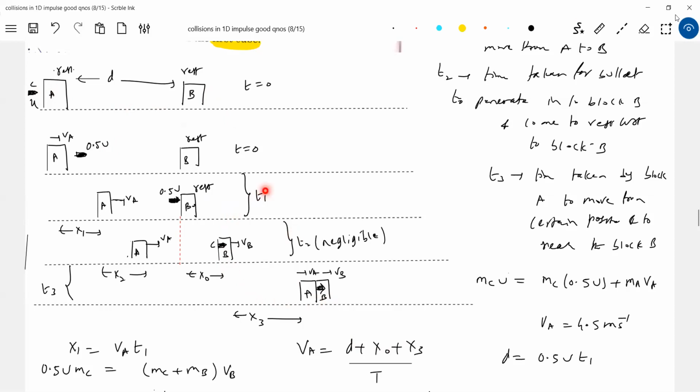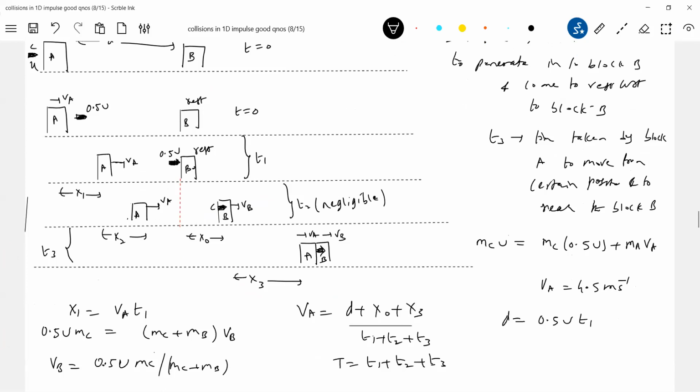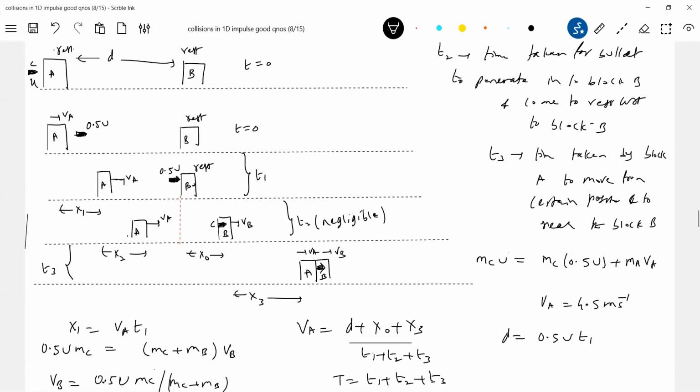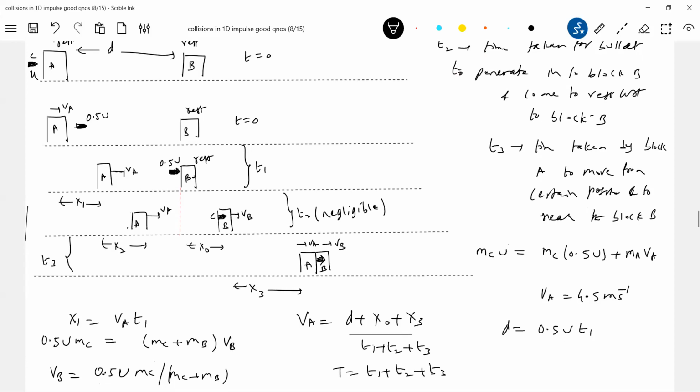Just make the observation, nothing big. What is the overall time? T1 plus T2 plus T3. I think you are getting confused with this. I'll write it here. What is T? T equals T1 plus T2 plus T3. That is the unknown you have to calculate, capital T. But in between, so many unknowns are there. T1 we got. The unknowns are T2, T3, x0, x3, x2. How to bring all that?